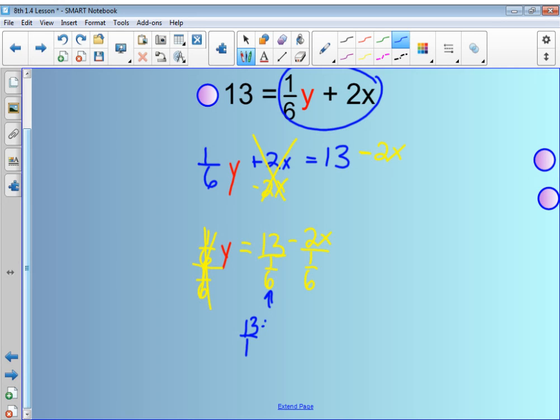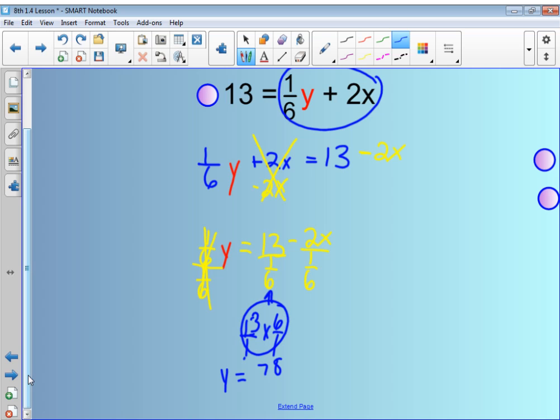So when I divide, I keep, I change. So this is going to become multiplication. And then I flip. So 13 over 1 times 6 over 1. So 13 times 6 gives me 78. So right now I've got y equals 78 for this.